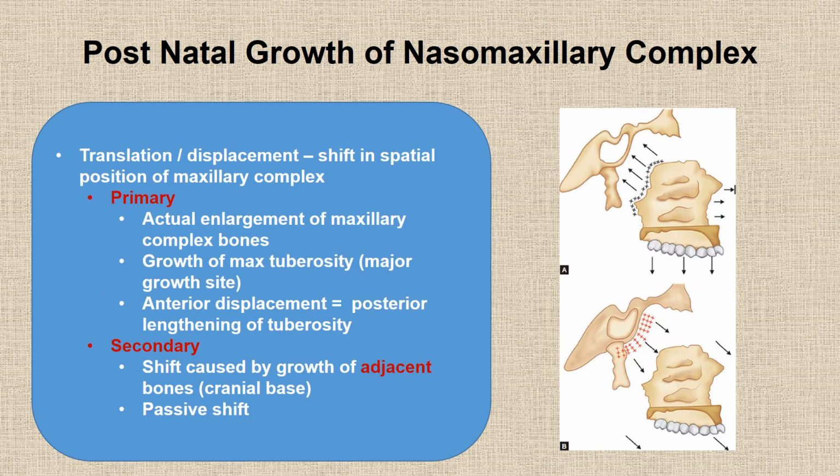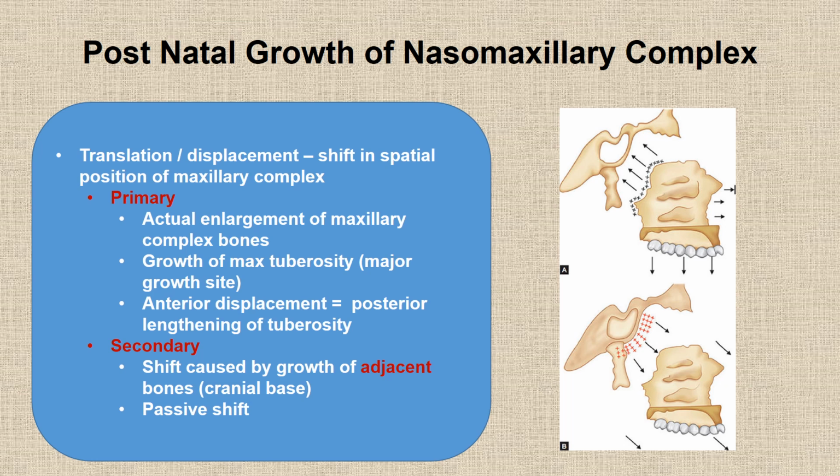Now, translation or displacement means there's a shift in the spatial position of the maxillary complex. Now, when we talk about primary translation, it means the maxillary bone itself is growing and enlarging, and this happens due mainly to the growth of the maxillary tuberosity, which is a major growth site.